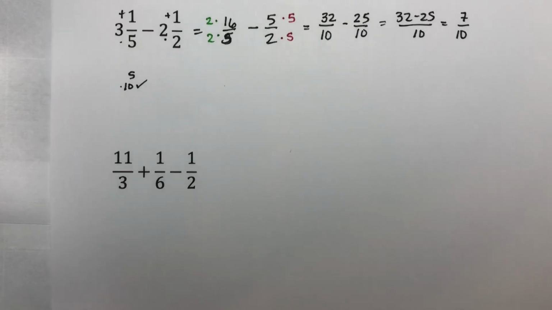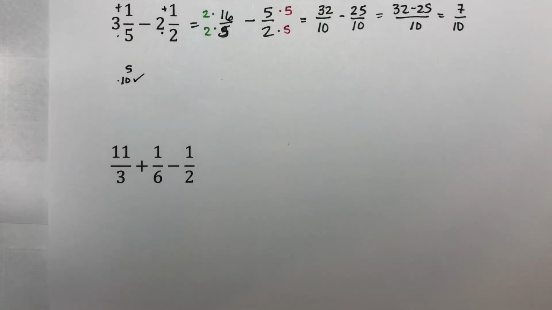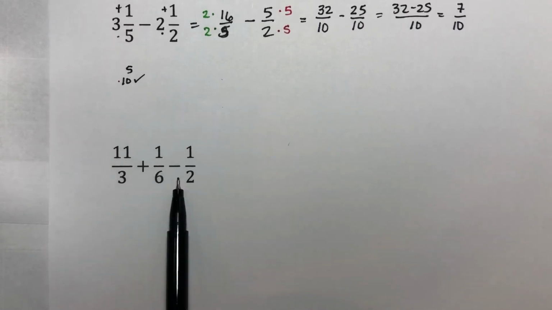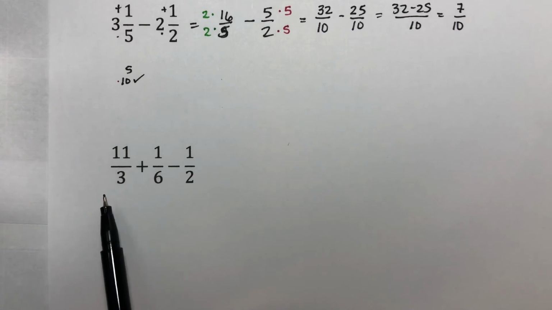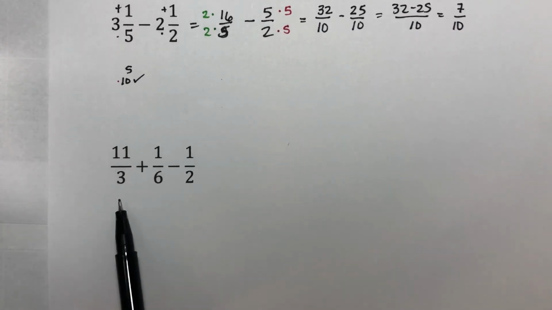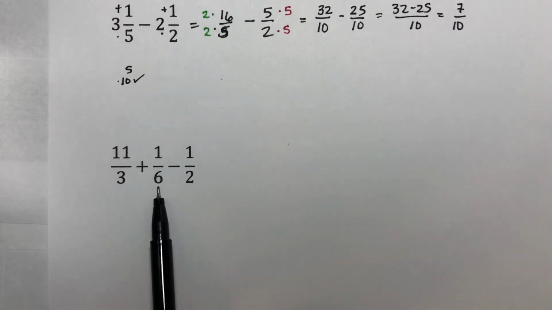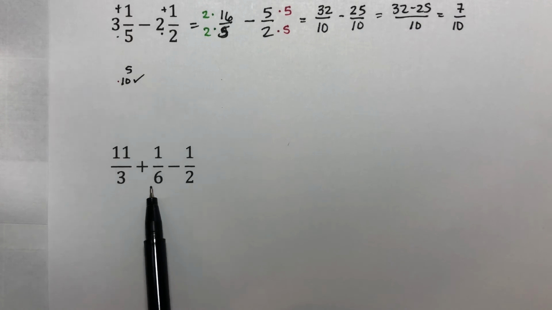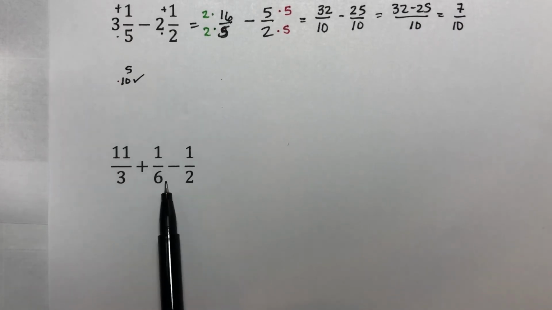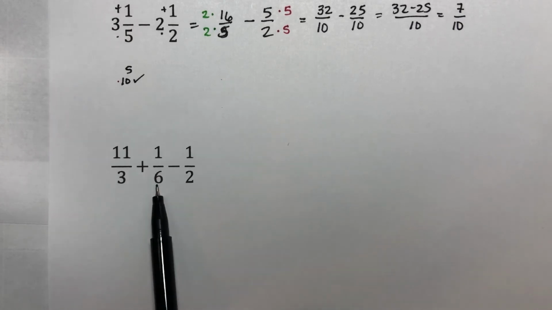Okay, so let's do one more problem before we go on to the very last part of this review. Here I have 3 fractions, and it's an addition and a subtraction, and I want to find a common denominator for all of these. So I'm looking for a number that all of these work with. You start off with your largest one, which is a 6. 3 divides evenly into 6, so that works for these two. 2 also works because 2 divides evenly into 6 as well.